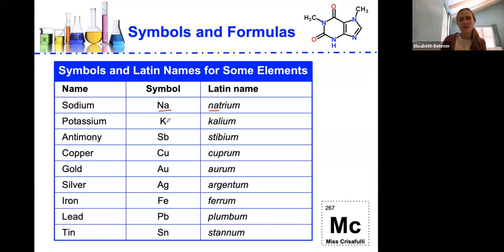So sodium, potassium, antimony, copper, gold, silver, iron, lead, and tin. These are a few of the most common that you should really take to heart and memorize, and look for a potential quiz on symbols and their English and Latin names in the future to help you with that.